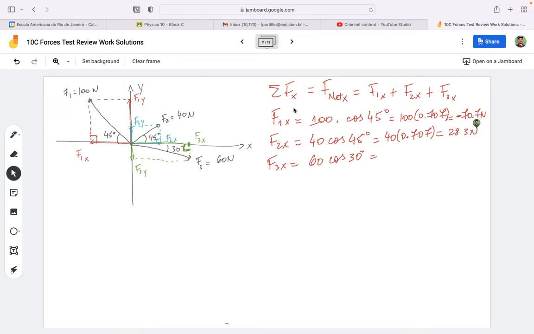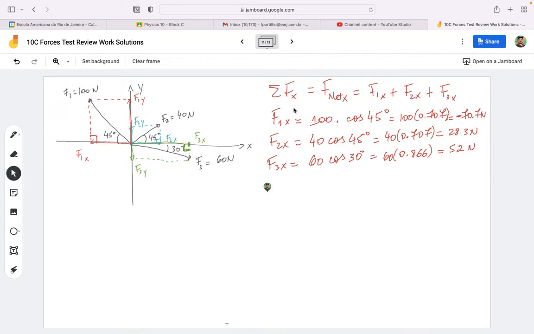And last but not least, we have 60 times 0.866, which is cosine of 30. So the calculator gives us 51.96. I'm just going to round it off to 52 newtons.